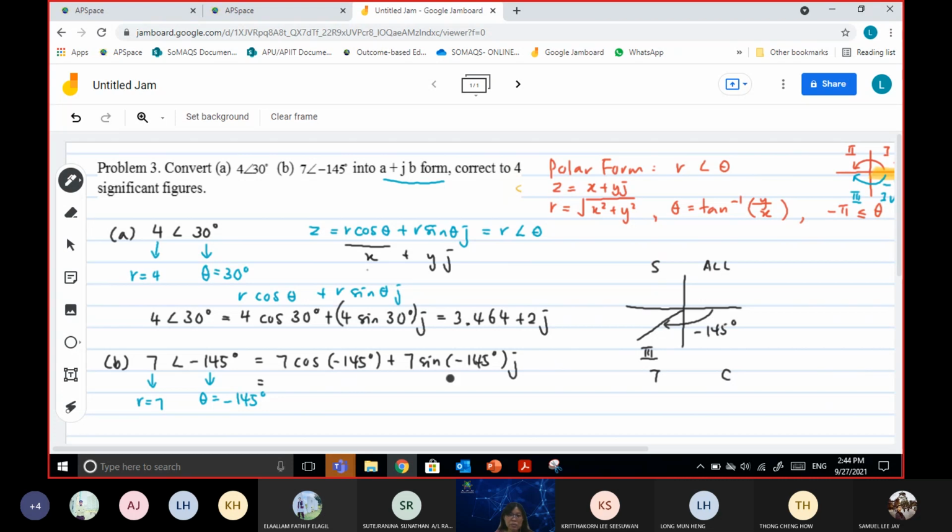So cos will be negative in the third quadrant, and sine will be negative as well. When you use the calculator, it will give you the negative value, so it's a correct answer. So when you convert to Cartesian form, you have no worry. You can just directly plug in the value.